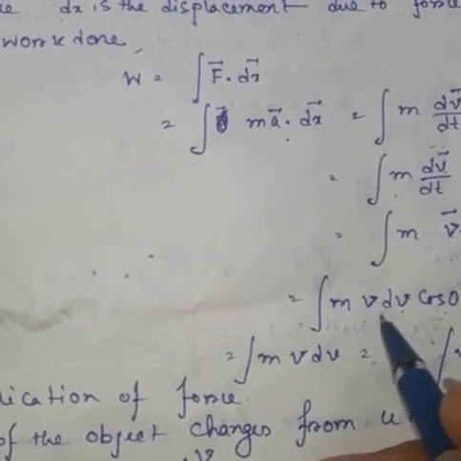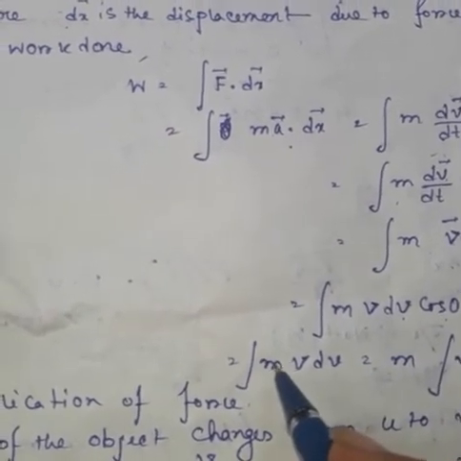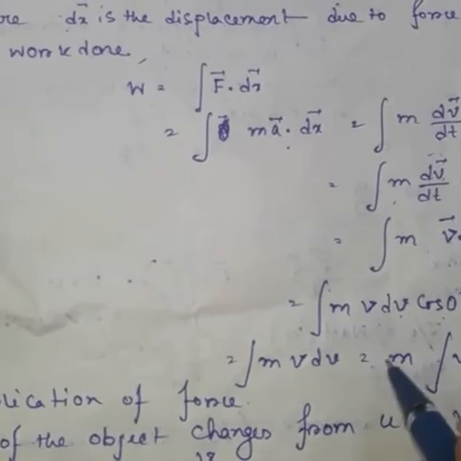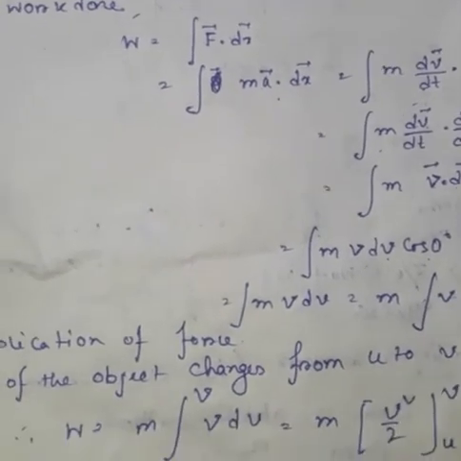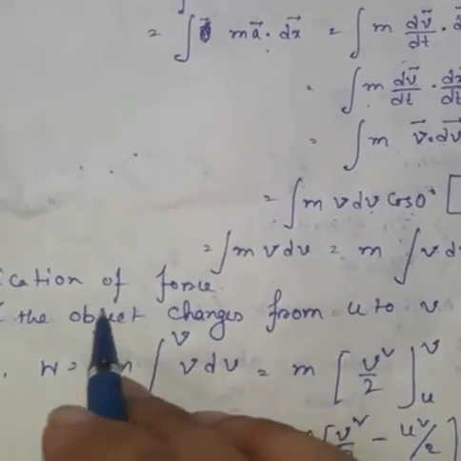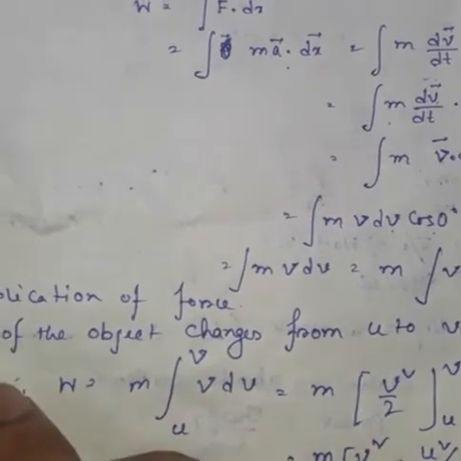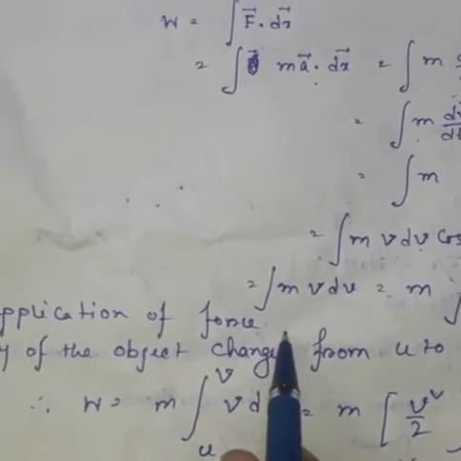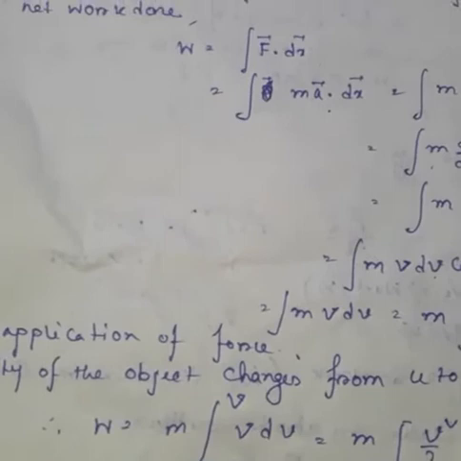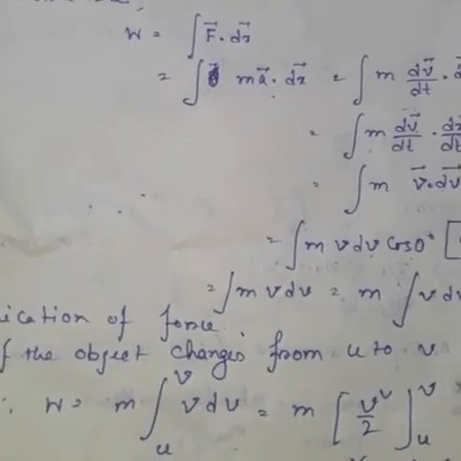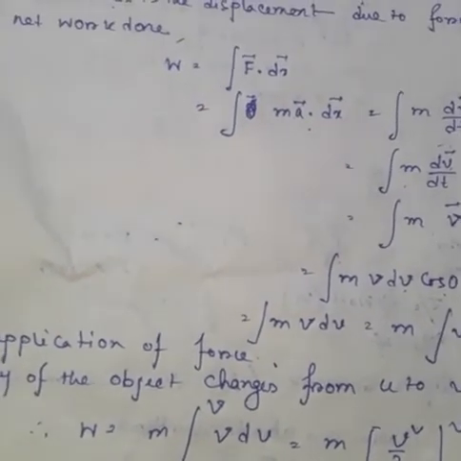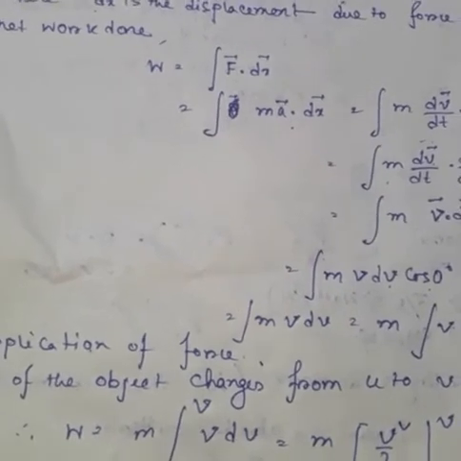So just take the m, the constant term, out of the integration. v dv, again. Now due to the application of force, let us say for this case the object was not at rest initially. The object had the velocity u, and now the object has the velocity v.